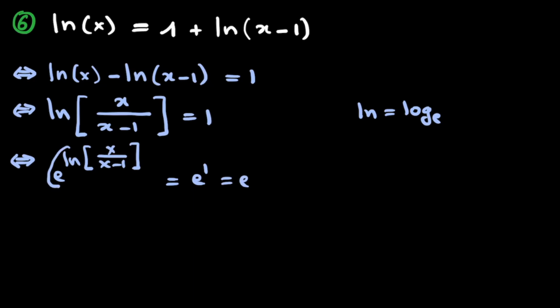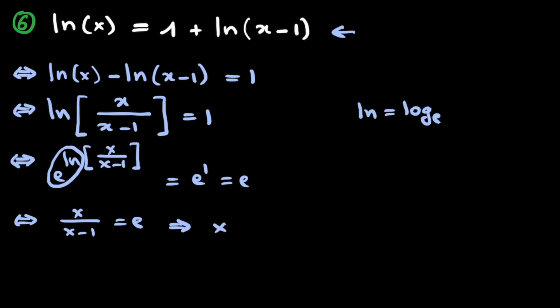Again, because we have this e to the power of ln of something, this is simply equal to whatever is inside of the logarithm. So we can write x divided by x minus 1 is simply equal to e. And again, we have reduced our logarithmic equation to an algebraic equation, which we can now readily solve.